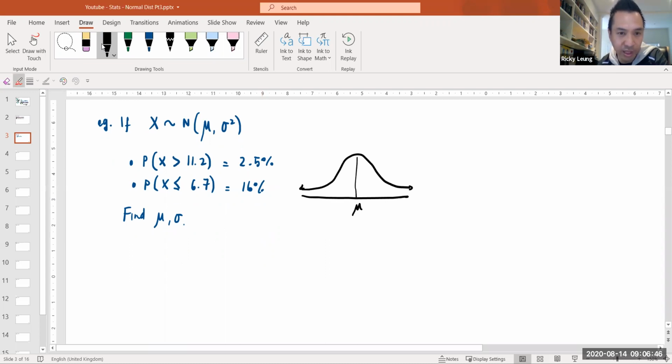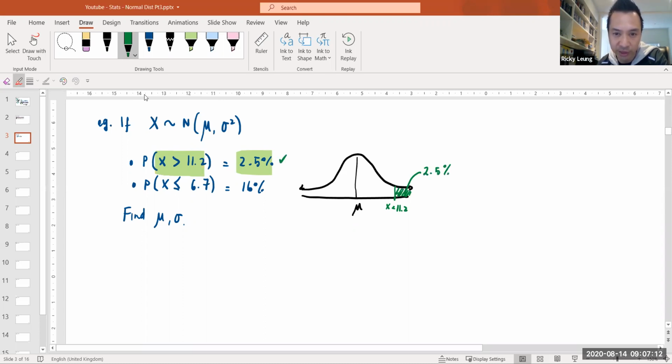Now, what did they tell you here? The first fact is that when x is bigger than this, the probability is 2.5%. So on your diagram, that can only mean somewhere over here, when x equals 11.2, this area here is 2.5%. That's what this fact is telling us.